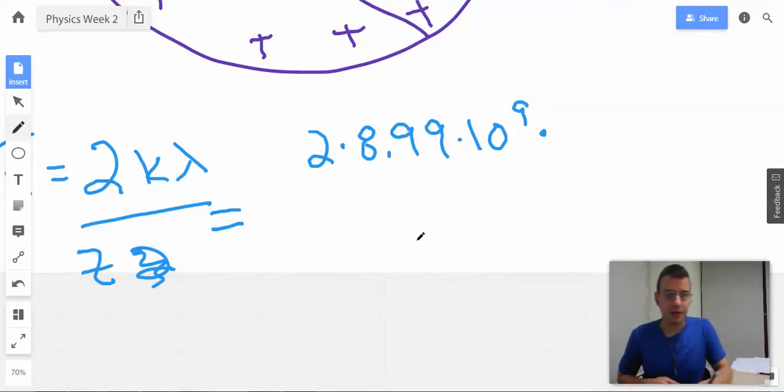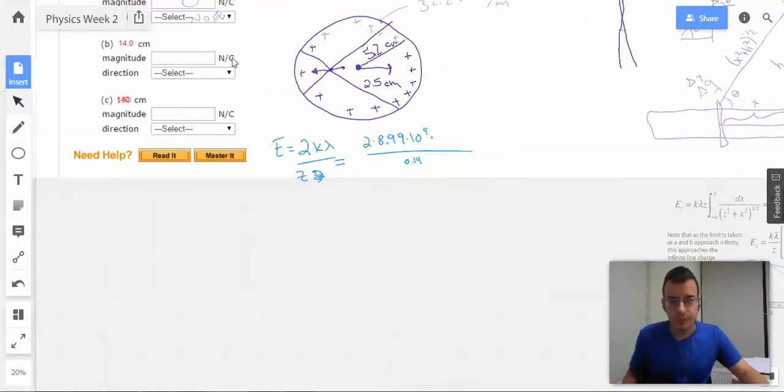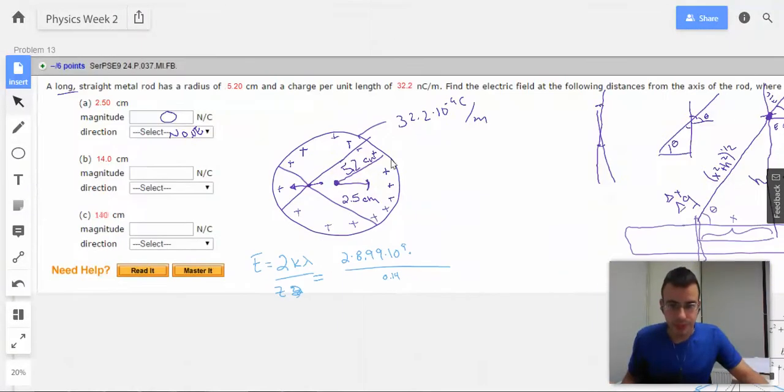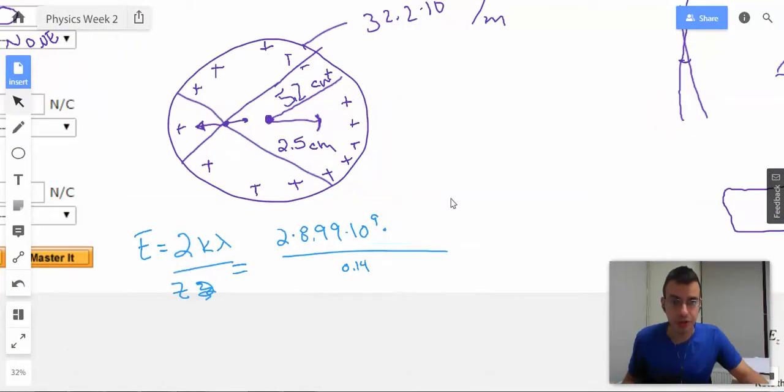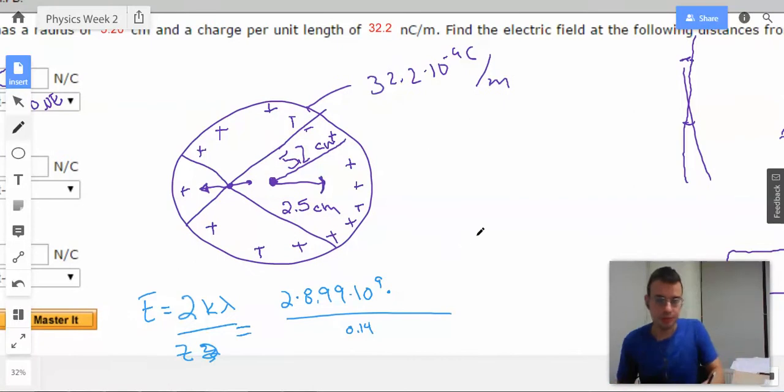I'm going to do the z part first, which is 14 centimeters, 0.14 meters. Lambda is 32.2 nanocoulombs per meter.